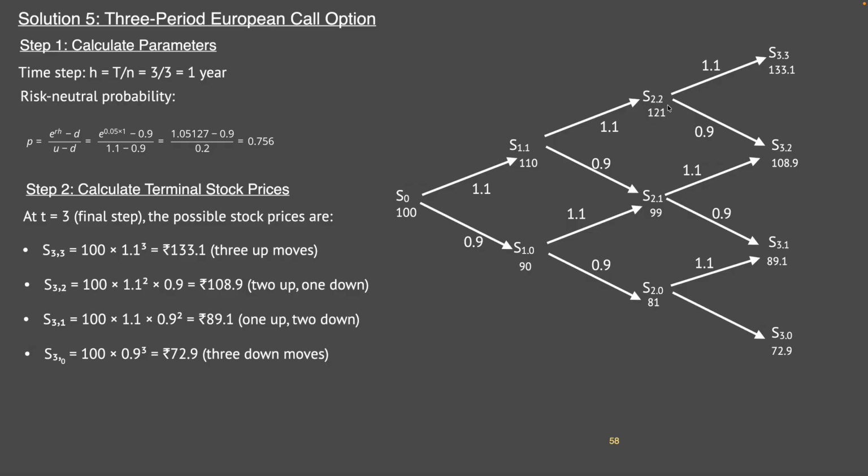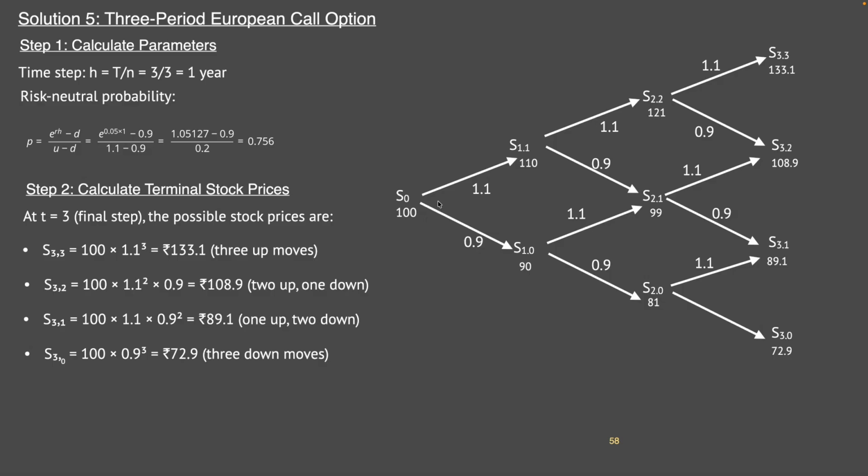Again in this node S22, if it moves up by another 10%, that is 121 into 1.1, what is the value of S33? It is 133.1. That is 100 into 1.1 three times.